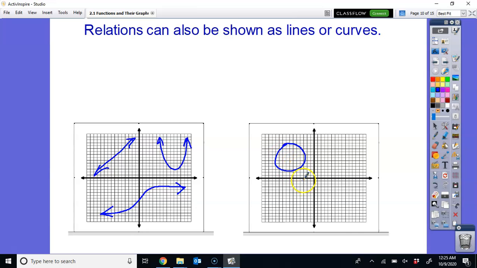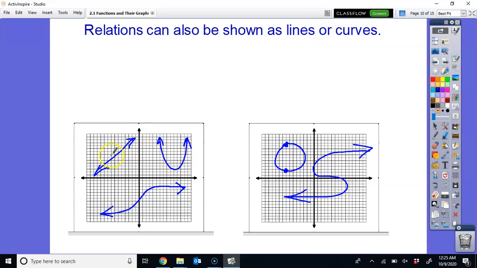That's not a function because each x value, or each input, could have more than one y value at the same x value. That causes some really weird things when we start dealing with equations for circles and things like that. You get a curve that looks like this. Guys, you can tell those things are not going to be a really normal situation. You don't go this way and then all of a sudden cut back and then go back this way again. Those are things that are not functions. But relations, yes, they still are a set of ordered pairs. They're just not a function. So functions can be lines or curves.